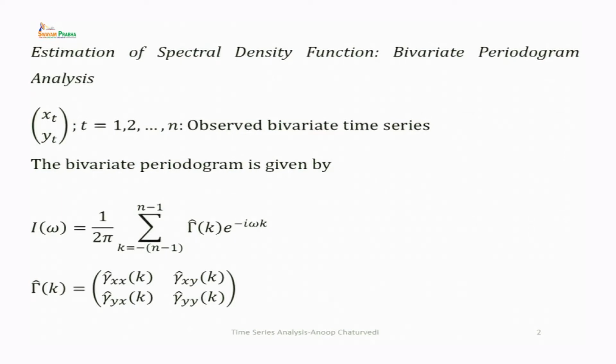Then the bivariate periodogram is given by I omega equal to 1 upon 2 pi summation k equal to minus n minus 1 to n minus 1 gamma hat k e to power minus i omega k. Just like the univariate case, we define the periodogram for the bivariate case also.